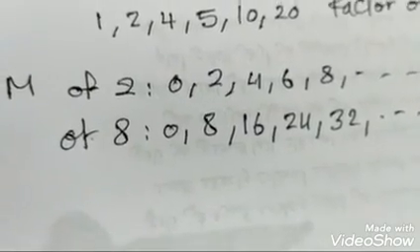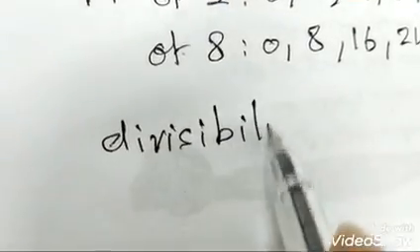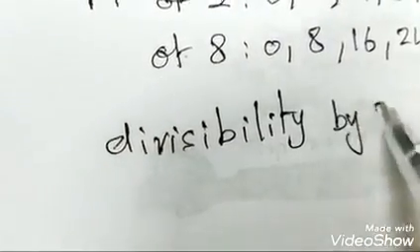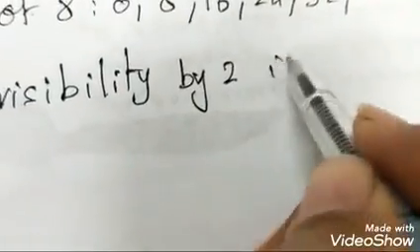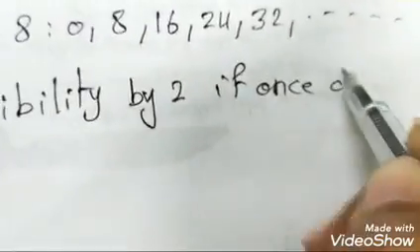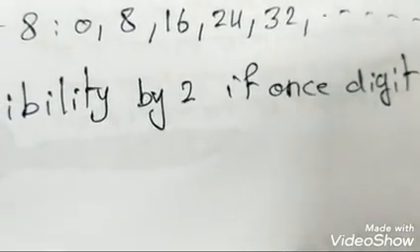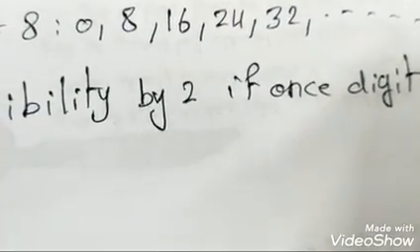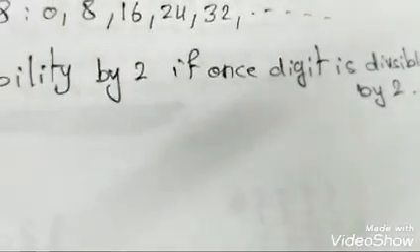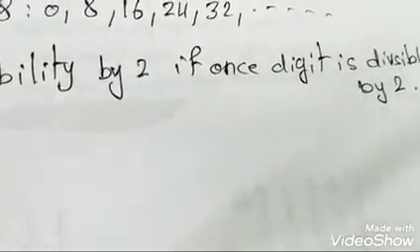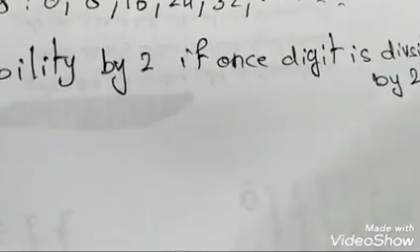If the ones digit is even. Divisibility by 5: the ones digit is 0 or 5.